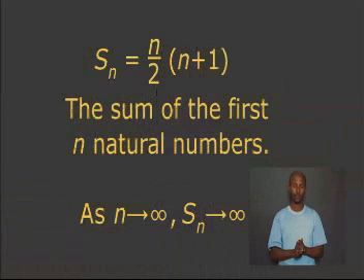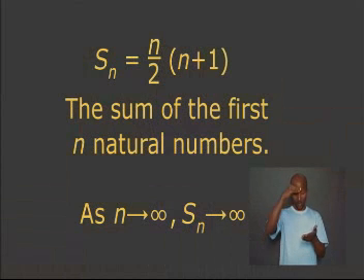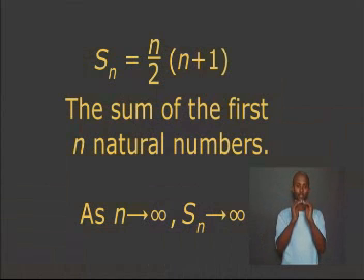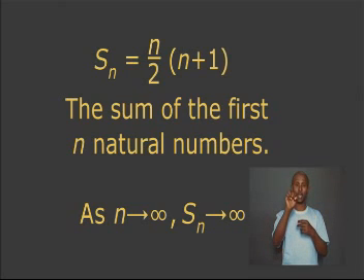Let us explore the concept of an infinite series by finding the nth partial sum Sn for this sequence. As we learned in our last lesson, Sn equals n over 2 times n plus 1 is the sum of the first n natural numbers.